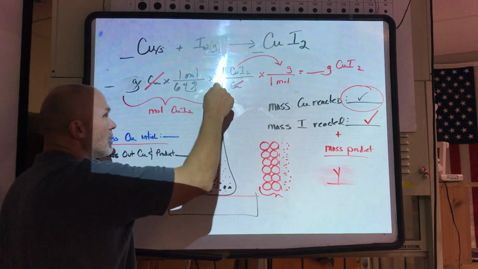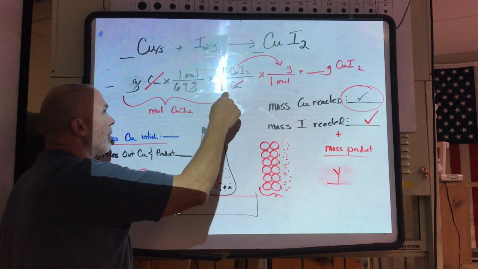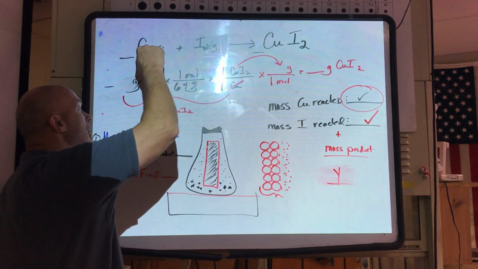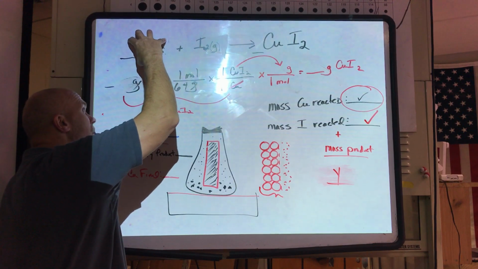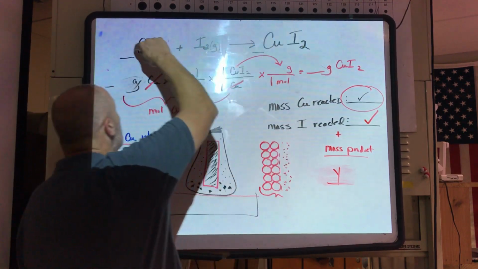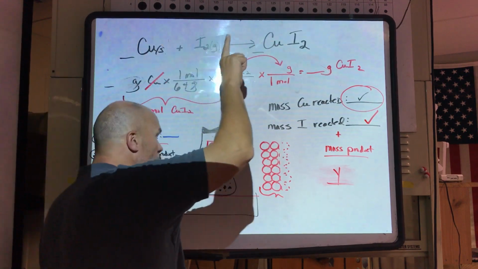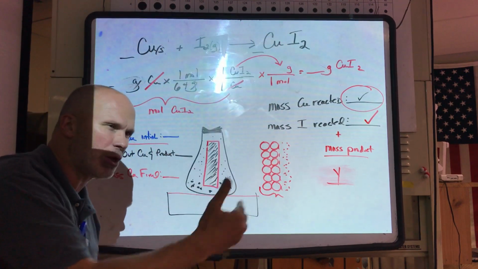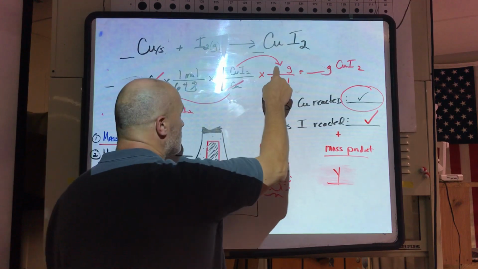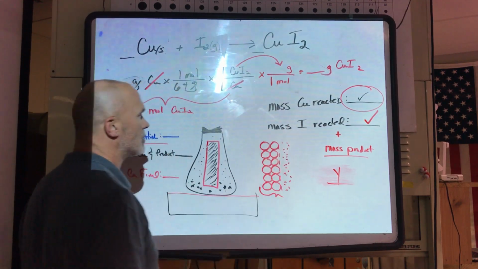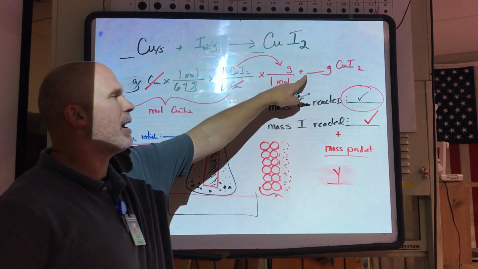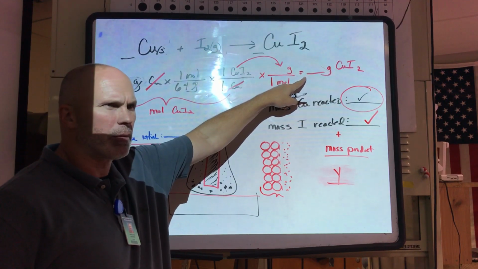Okay, this might be a 1 to 2, but I'm getting rid of copper to get something else. I'm converting my how many number here to this how many by using the ratios in front. It's a 1 particle to 1 particle to 1 particle ratio. Then using the mole concept to convert to the actual grams. And this would be my theoretical yield.